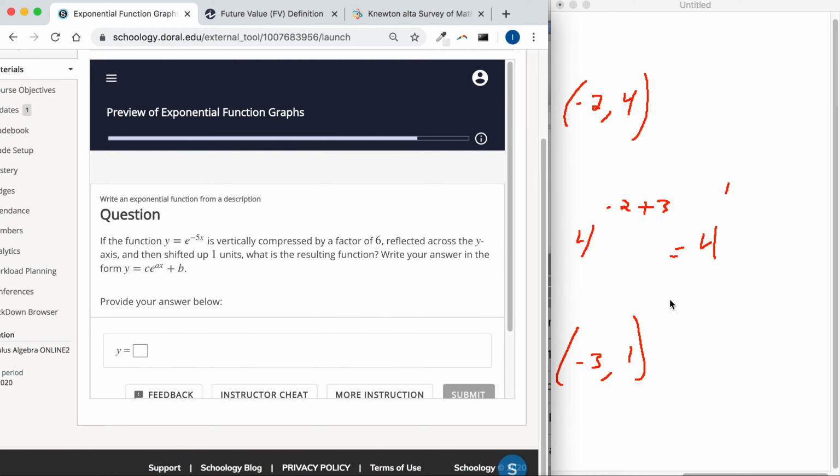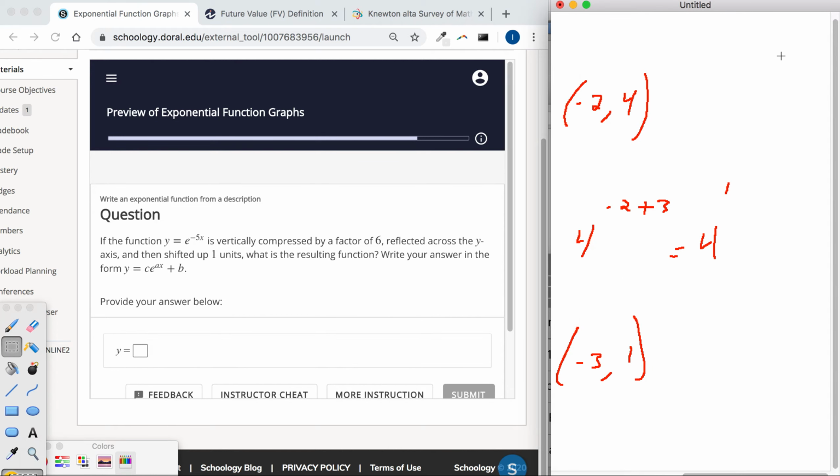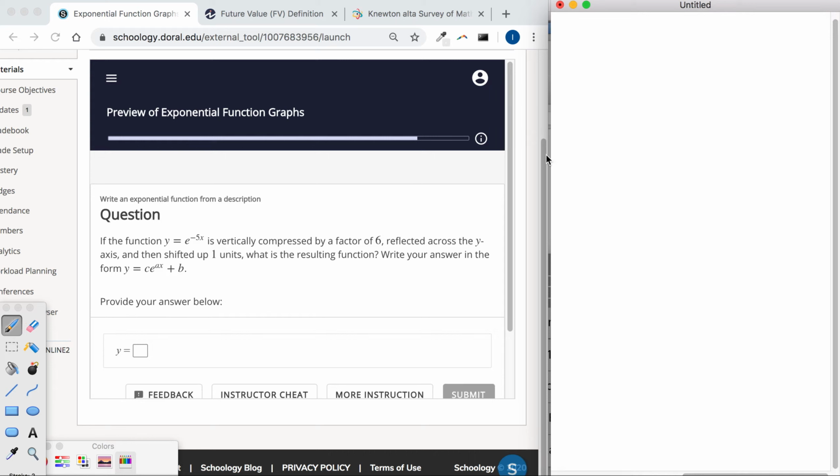Okay, so vertically compressed. That means if you're looking straight down at a graph and compressing it vertically, think about taking a book on top of this graph and pushing it down.